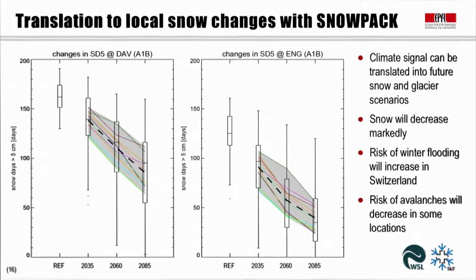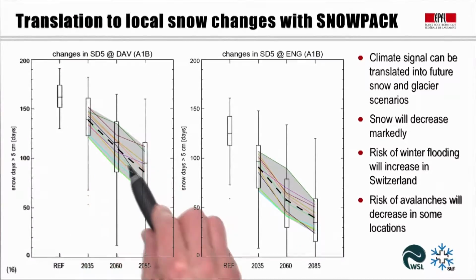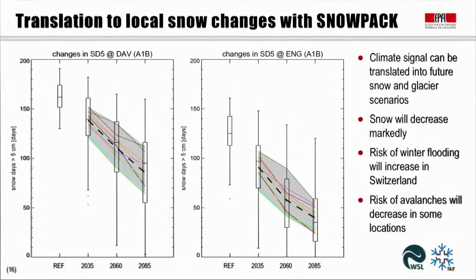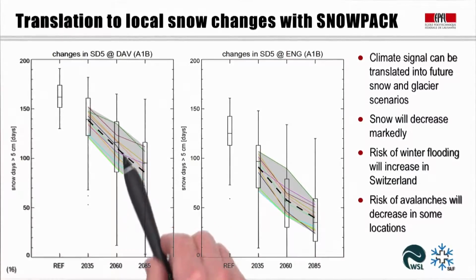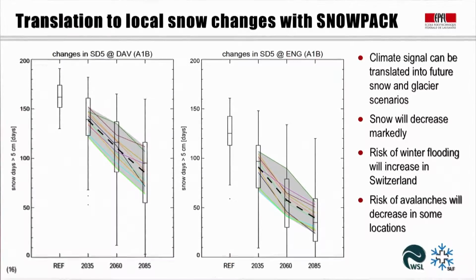On these two panels, what you see is that in general, the number of these snow days decreases significantly at both locations. What you also see is the spread, or the variability that is forecasted. In this particular picture, a nice way to visualize the spread between the model runs that we saw also in the previous slide is given by this gray area in the forecasts. Again, the forecasts are done for the times of 2035, 2060, and 2085.